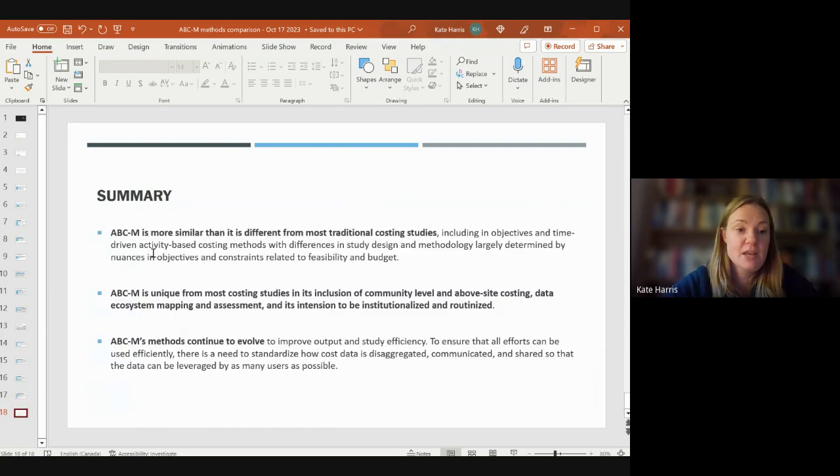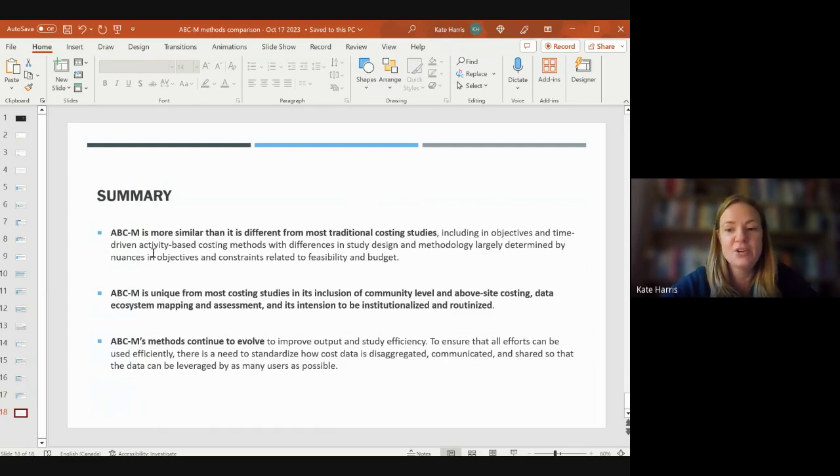So in summary, activity-based costing is more similar than it is different from most traditional costing studies, with the nuances and differences that we've discussed today. Some of those differences are that ABCM is unique from most costing studies in that it includes community level and above-site costing scope, it includes data ecosystem mapping and assessment, and it has the intention to be institutionalized and routinized.